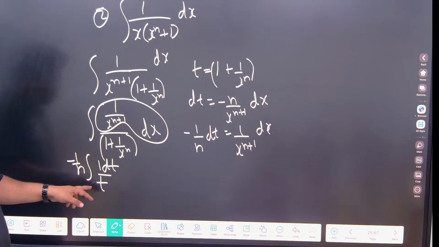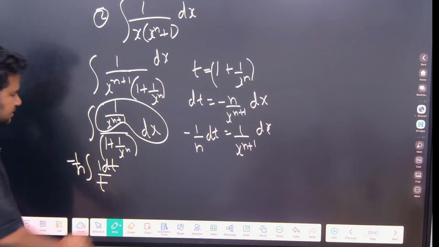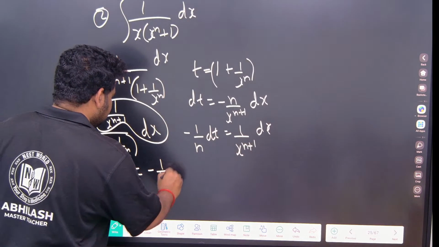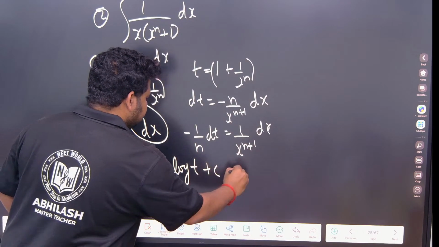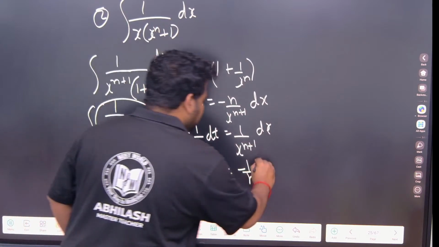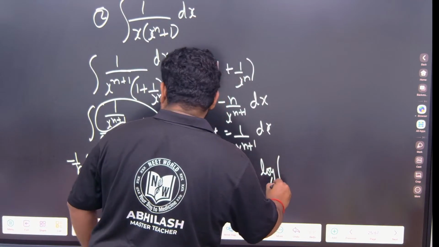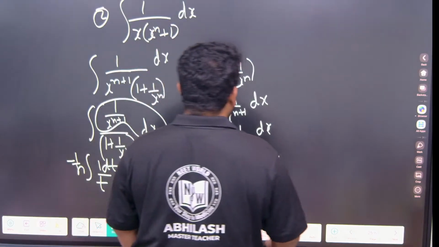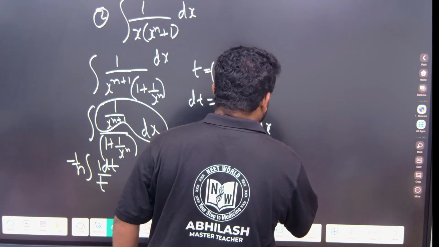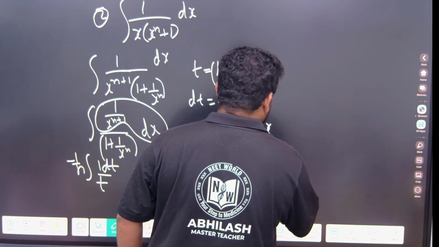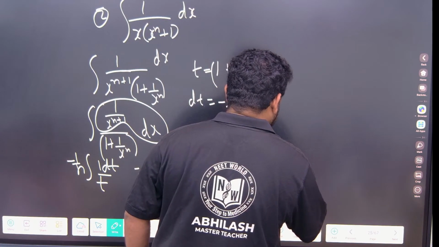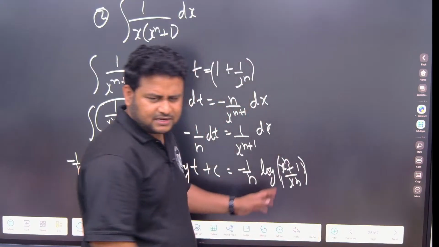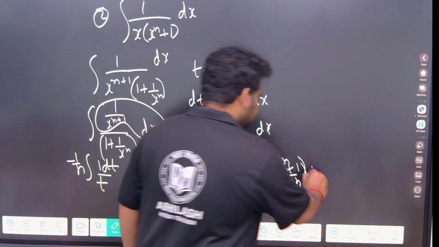Dt by t is log t. So this will become minus 1 by n log t plus c, where log t is log of 1 plus 1 by x power n. You can keep it like this, or take the LCM. That's all.